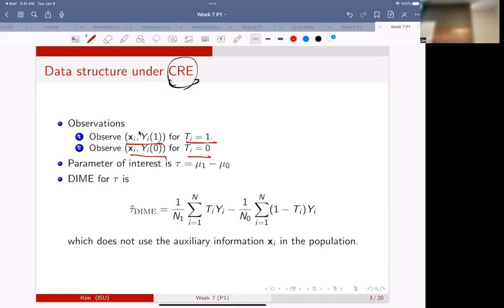The parameter of interest is mu1 minus mu0, which is the causal parameter in terms of the potential outcomes. And then the difference-in-means estimator: the direct estimator of tau is just this one. So this is design unbiased.